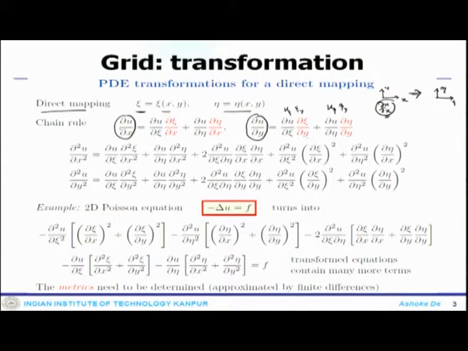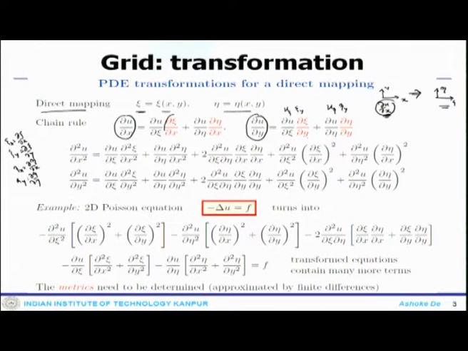Now, I am trying to find a derivative del u by del x in my physical domain, but that consists of derivative terms coming from xi and eta. This xi x is nothing but del xi by del x, xi y is del xi by del y, eta x is del eta by del x, and eta y is del eta by del y.